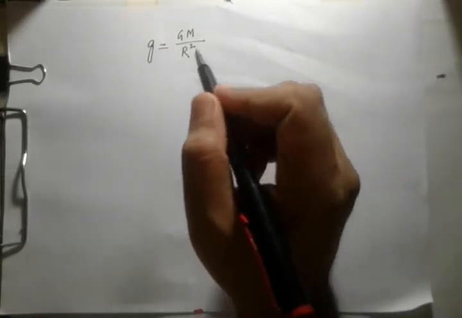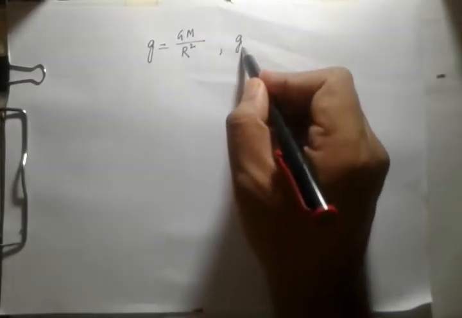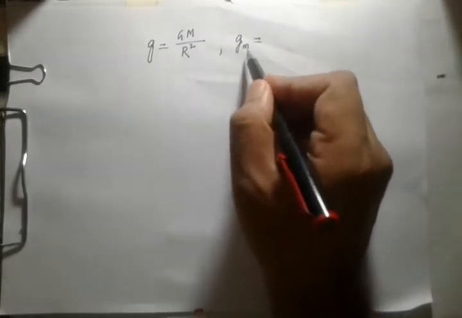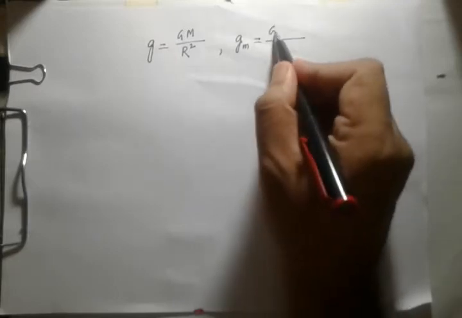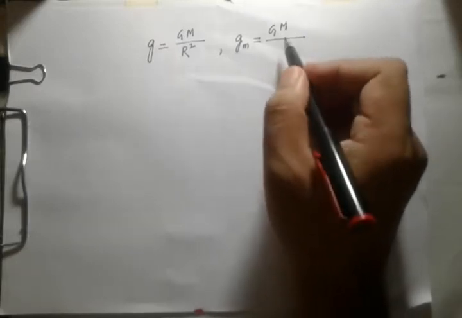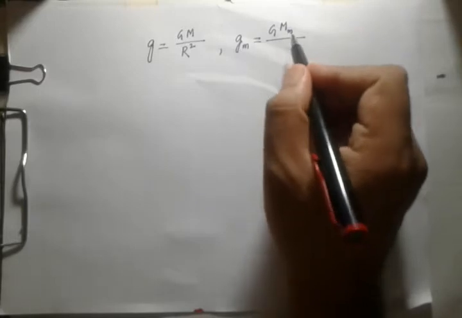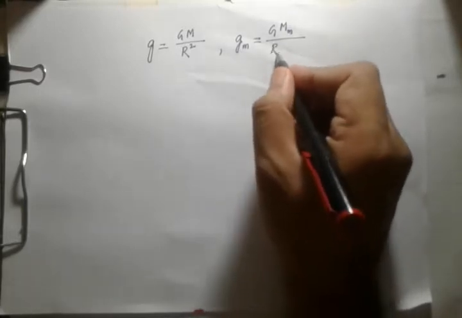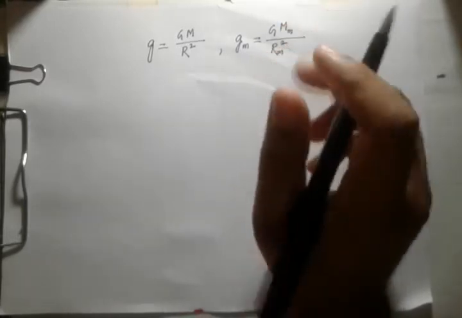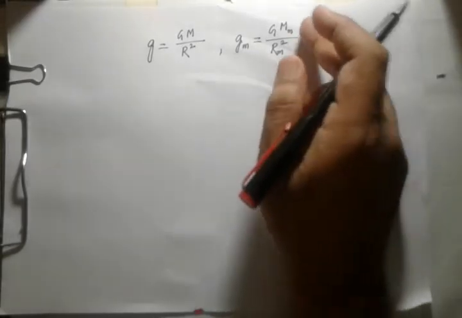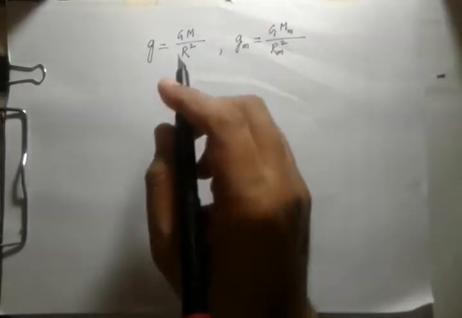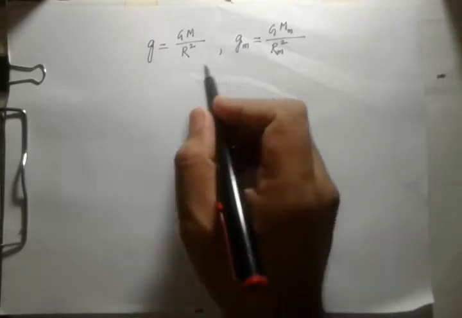Now the same formula I can use for the moon, that will be g_m equal to G M_m, where the m suffix is for moon, that is the mass of the moon, divided by R_m, radius of the moon, whole square. Now we calculate this one. So before that I need to write the mass of the moon.